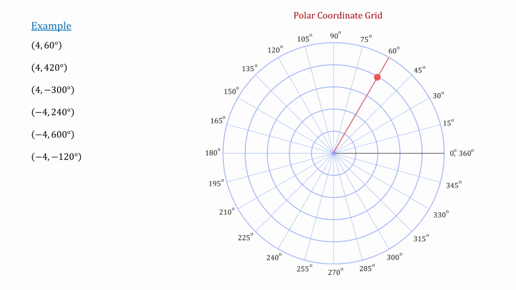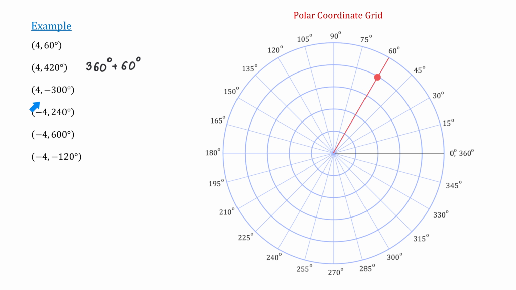To draw this angle, first we will write it as a sum of 360 degrees, which is one full revolution, plus another 60 degrees. So now, from the polar axis, we go one full revolution of 360 degrees and another 60 degrees. So now we have the same terminal side, and if from the pole we count 4 units, we get the same point.